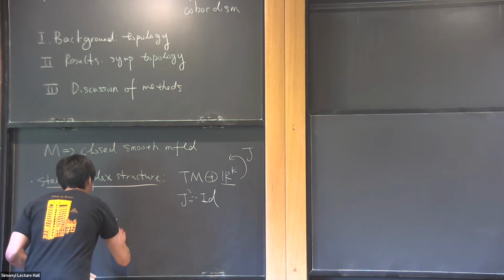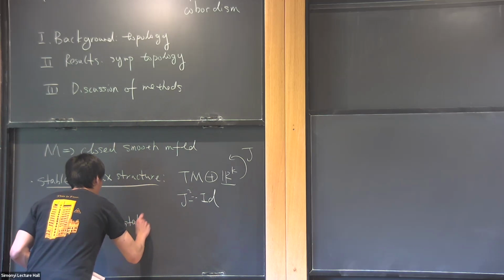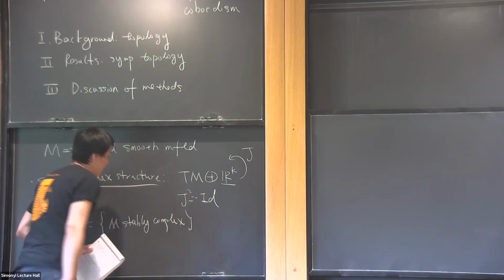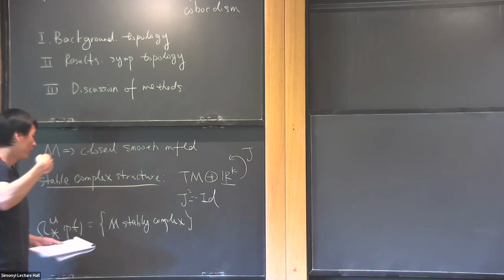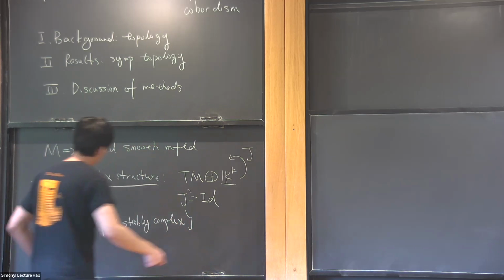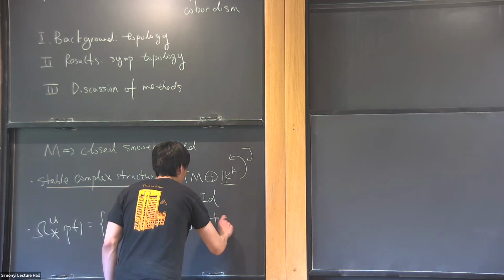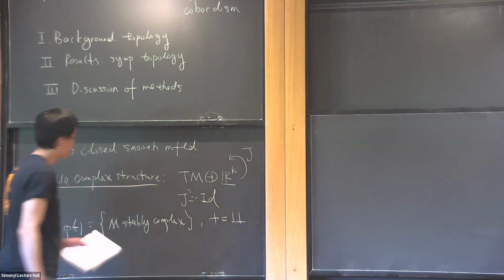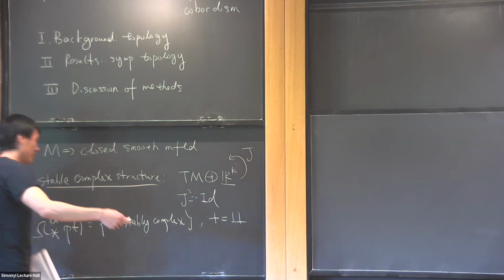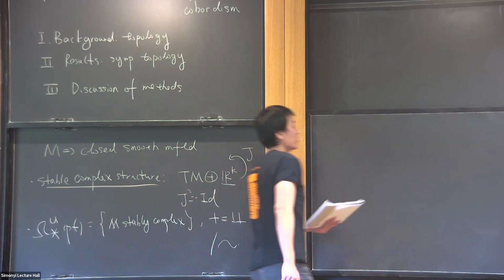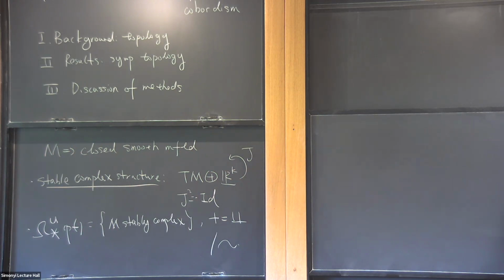And the summation for this group structure comes from disjoint union. And we should mod out by some kind of equivalence relation. And this equivalence relation comes from cobordism.